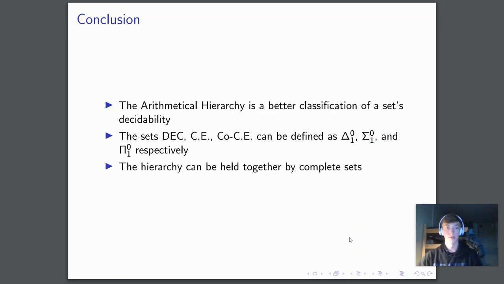The sets DEC, CE, and co-CE that we had defined in class are still usable because we're able to set them to these new classifications in the arithmetical hierarchy called Delta 0 1, Sigma 0 1, and Pi 0 1 respectively. And the last thing that I went over was the fact that the hierarchy is held up together at those points because of those complete sets. Otherwise, it would be vague and confusing as to how the hierarchy is actually set up.